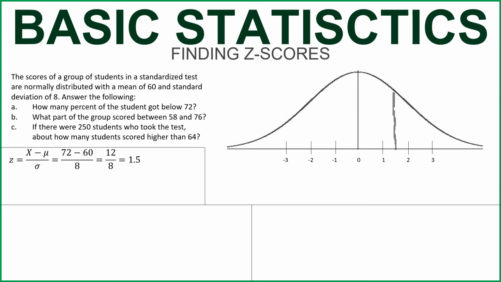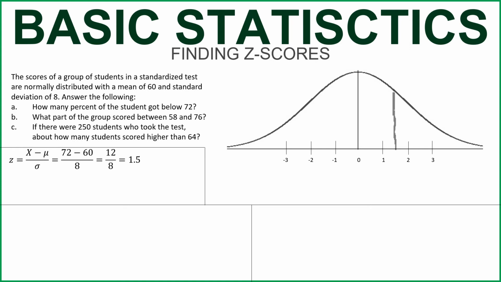So, ayan. And then, i-shade na natin yung area or portion ng z-score natin. Pero bago yon, tignan muna natin yung question. How many percent of the students got below 72? Para ma-shade natin, kailangan muna natin yung probability notation.